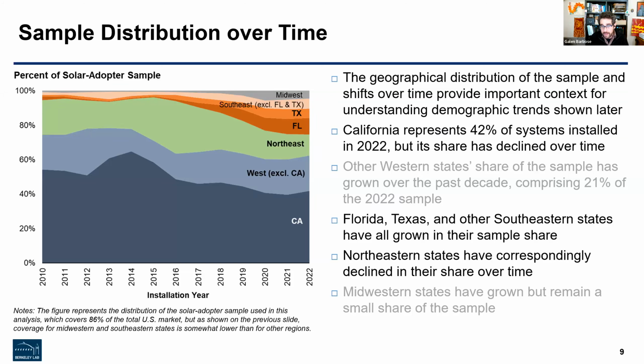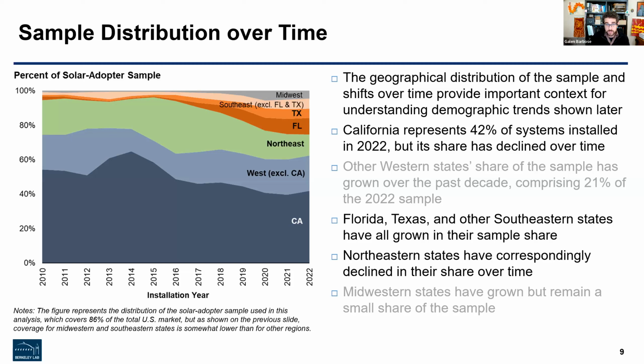And so a couple items just to highlight here. First is that California represents a very large share of the data sample, as it does of the larger residential market. About 42% of all the systems installed last year in our sample are from California. But you can see that share has been declining over time.